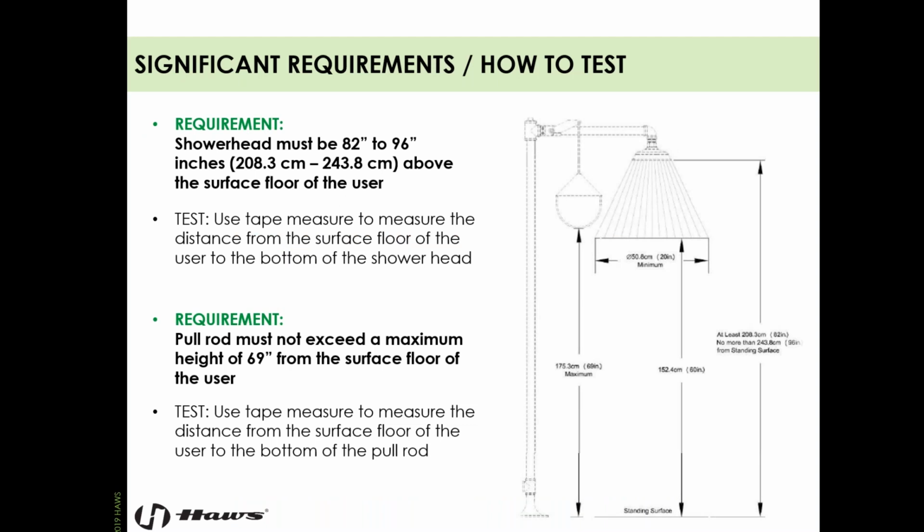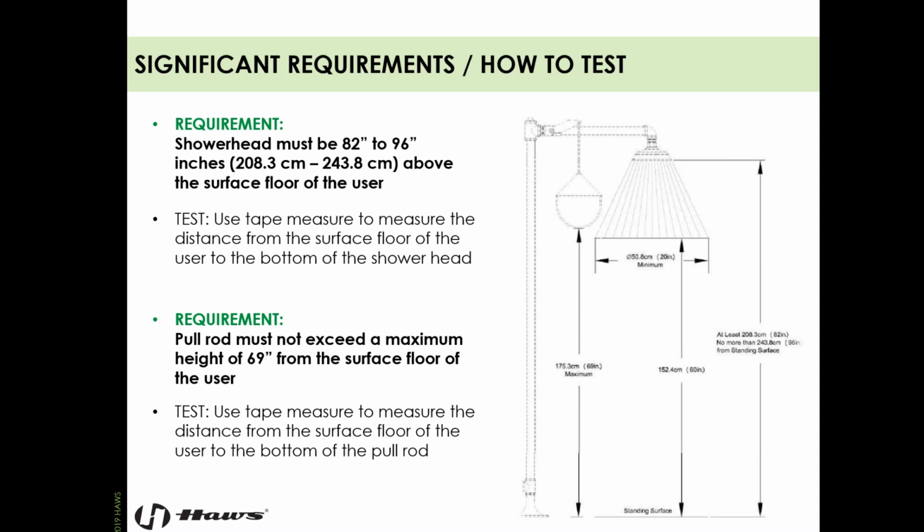Now the shower head itself, not so much the shower head, but the outlet of the water on the shower head, needs to be between 82 to 96 inches above the surface floor of the user, whatever you're standing on at the equipment. So just use the tape measure, measure up to that outlet of water for the shower head.